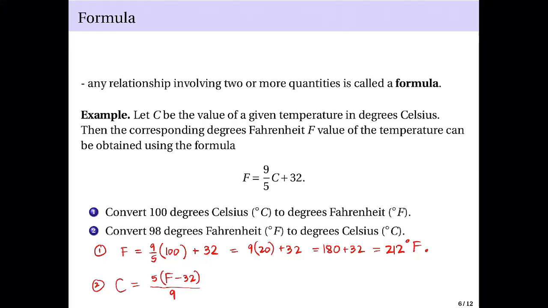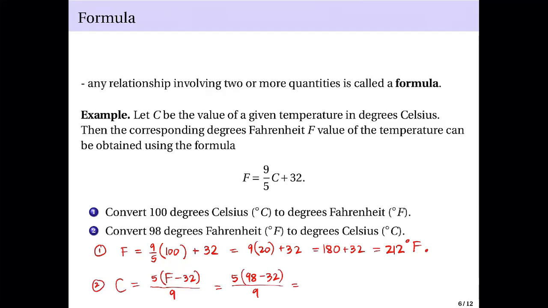So we've calculated this. So all we need to do now is replace F with 98. So we will have here 5 times (98 minus 32) divided by 9.